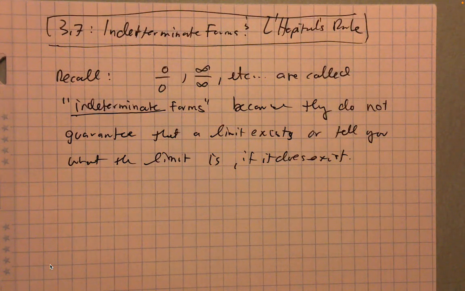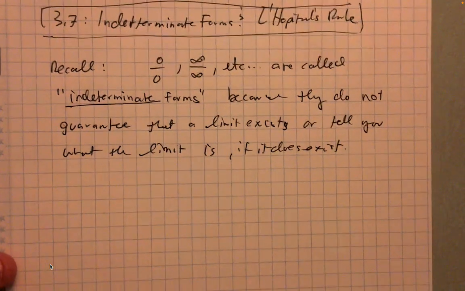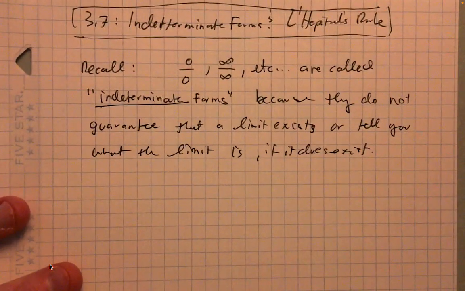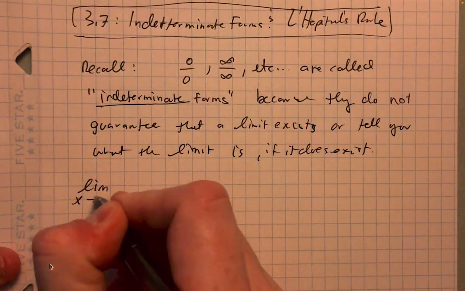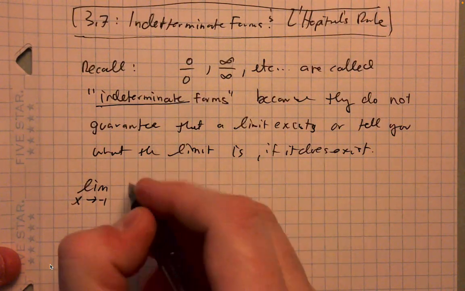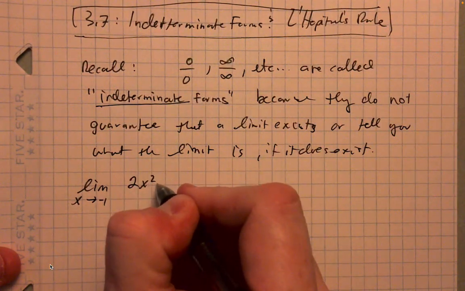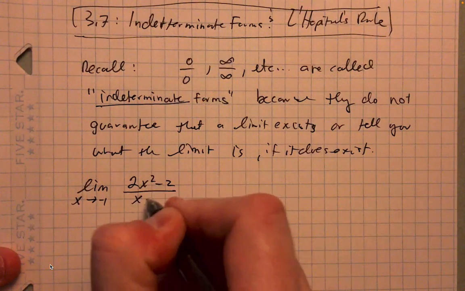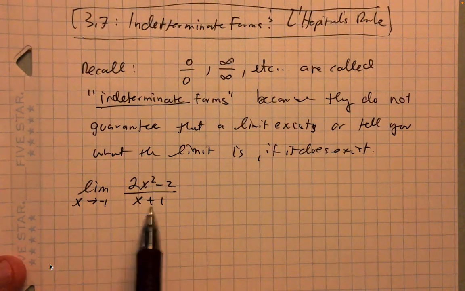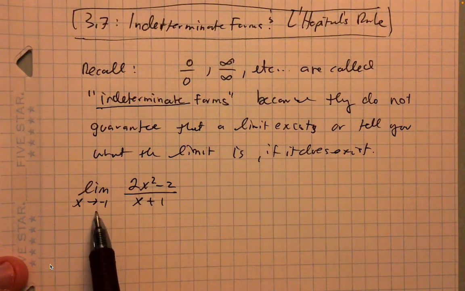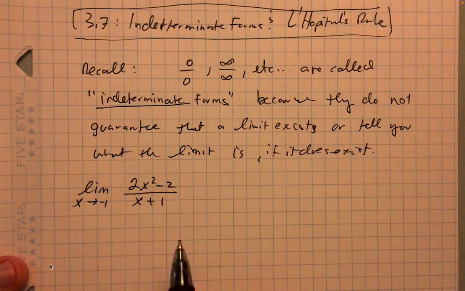Right, so let's consider an example just to refresh our memory on this. Consider this limit: the limit as x approaches -1 of the function 2x squared minus 2 over x plus 1. If we were to use direct substitution on this, these are both polynomials, so you might imagine, hey, I can just plug in a -1.